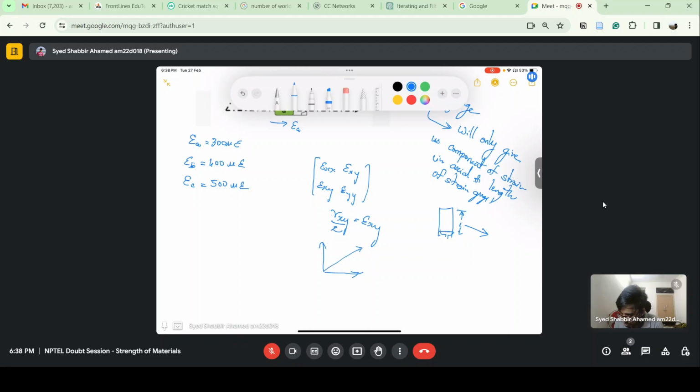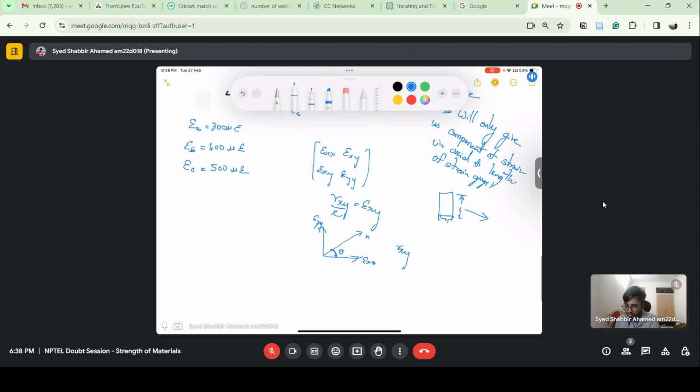Let's say this is some normal direction, and you want to measure the strain in this normal direction, which makes an angle theta.